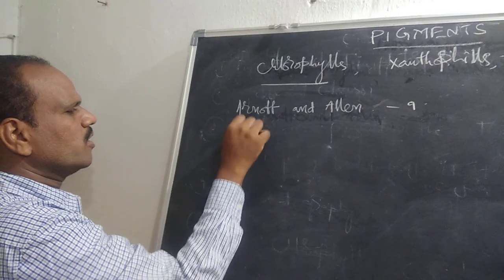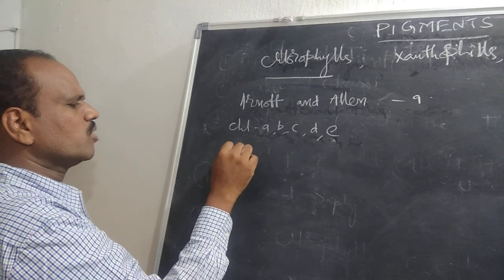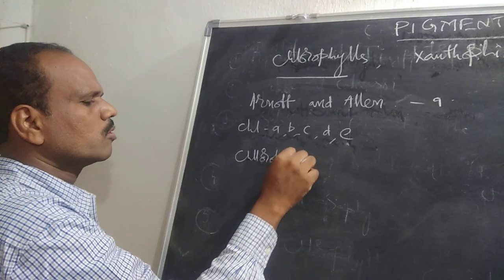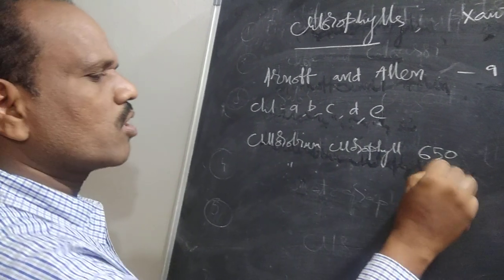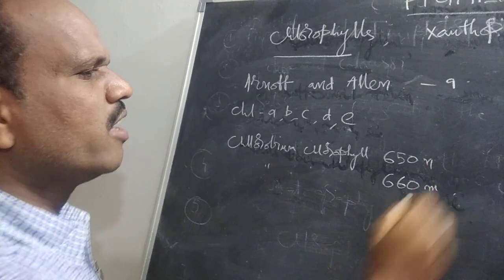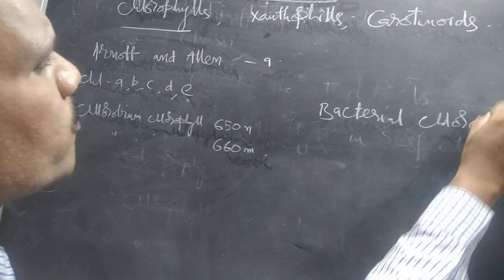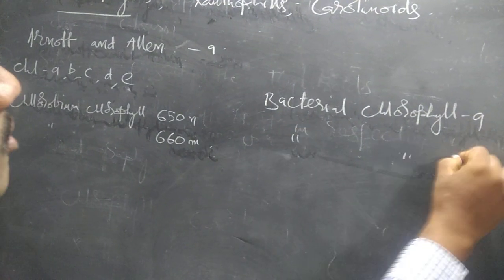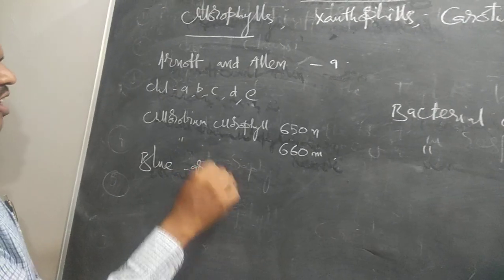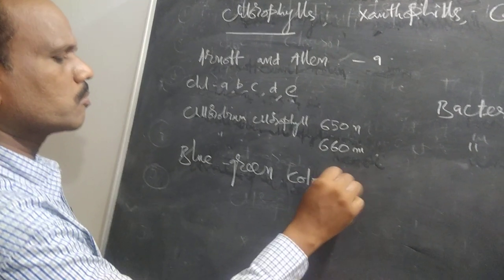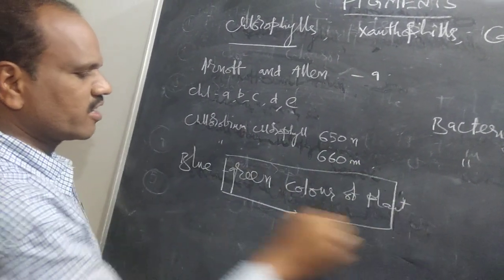They are chlorophyll A, chlorophyll B, chlorophyll C, chlorophyll D, chlorophyll E, chlorophyll 650 nanometers and chlorophyll 660 nanometers, bacterial chlorophyll A, and bacterial chlorophyll B. These chlorophylls are responsible for the blue-green color of plants.